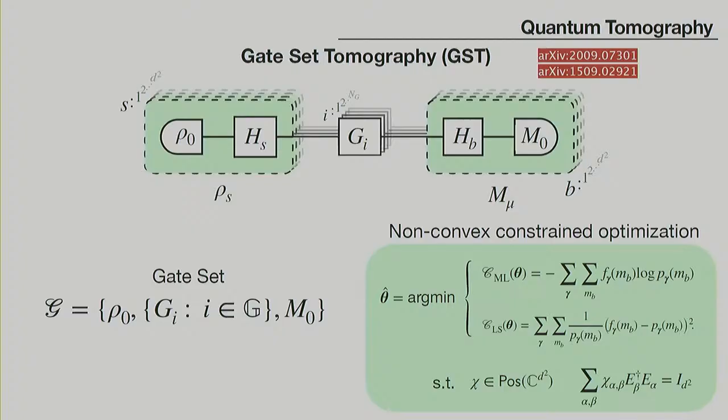Then you very carefully design sets of circuits whose outputs you collect from the lab, and you try to fit those results to a theoretical model which you use to describe your processor. In that way, you recover a mathematical representation of the gates that your processor uses, okay?